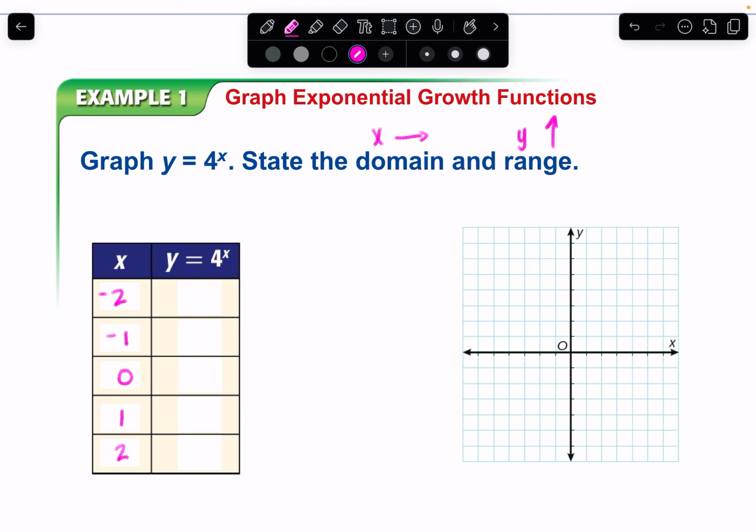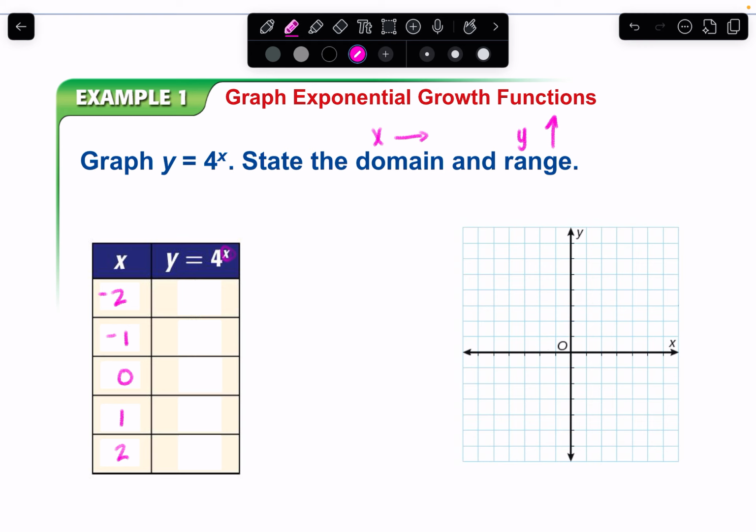You are then plugging these values into your x in your problem and then solving. You can do that using a calculator. Some of these you should know without a calculator.